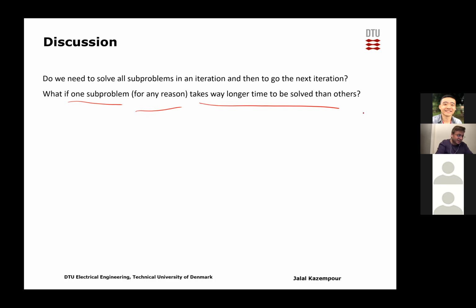Assume for any reason one subproblem takes way longer to be solved than others. So 999 subproblems are solved and ready, but all of them are waiting for one lazy subproblem to be solved. Then this affects the whole ADM process, right? It compromises the computational time.